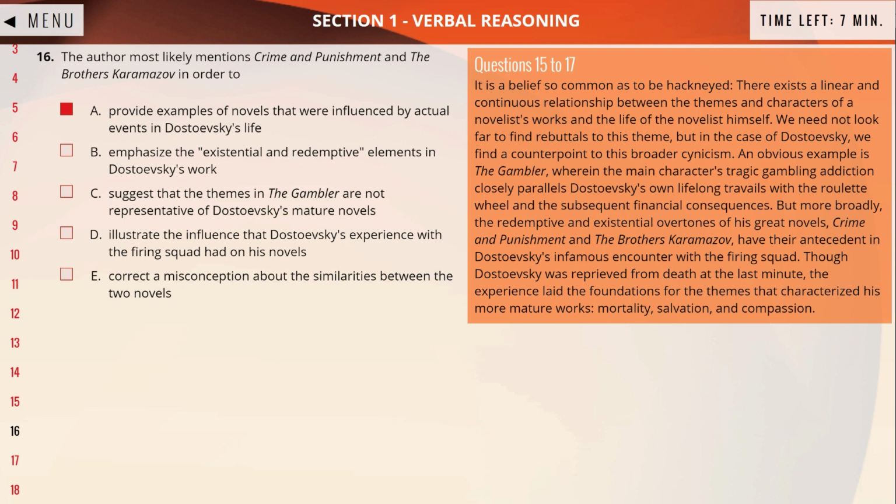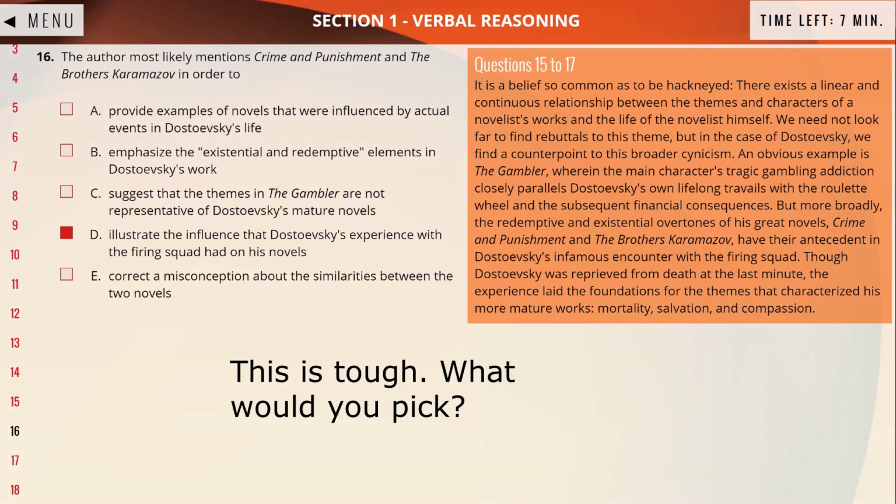So the real reason to bring those two up was to say this: I wanted to illustrate the influence that the firing squad had on his novels. I think D is better, because we already have the examples. That's why not A. Correct a misconception, definitely not.